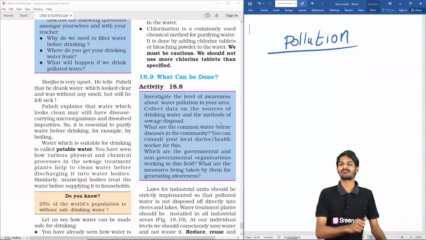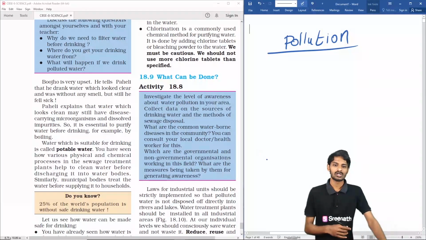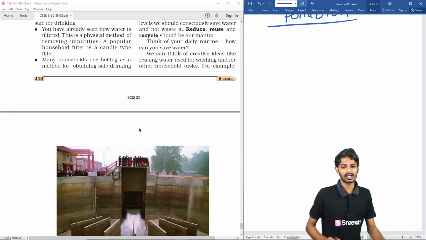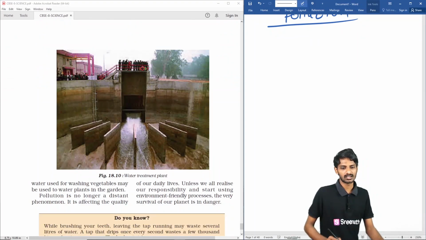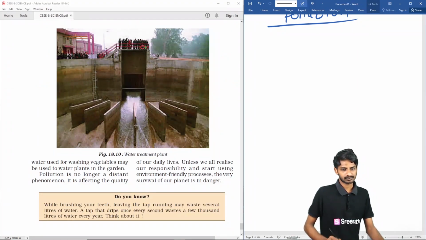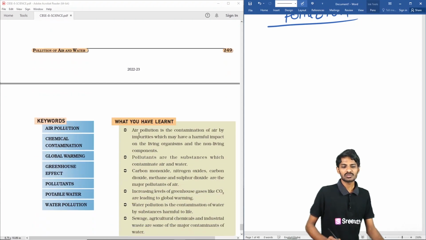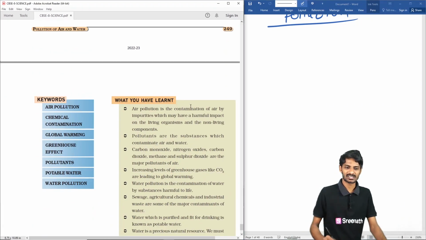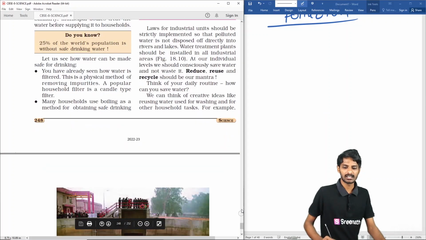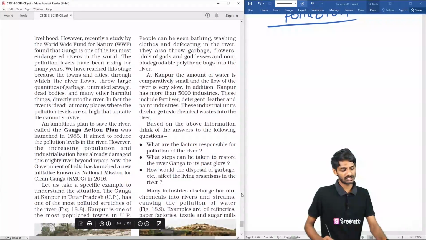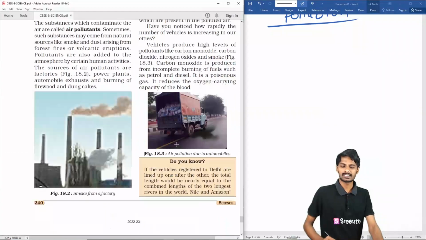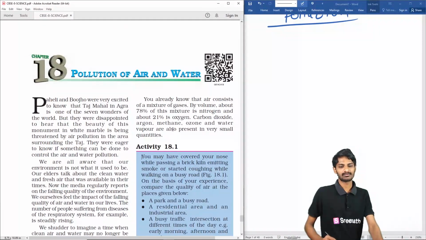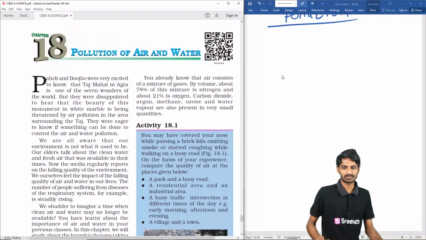What should we do to get rid of this air pollution and the water pollution, students? Okay, these are the water treatment plants. So this is the end of the chapter, students. Okay, we have seen the overview of this chapter, and we will discuss each and every topic in detail. Okay, we will start this chapter.